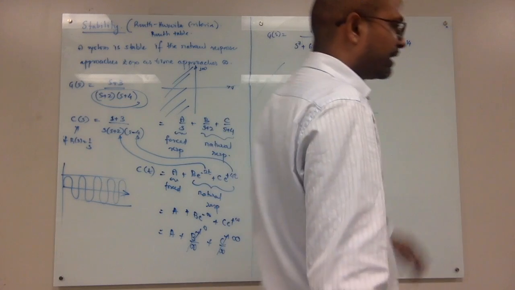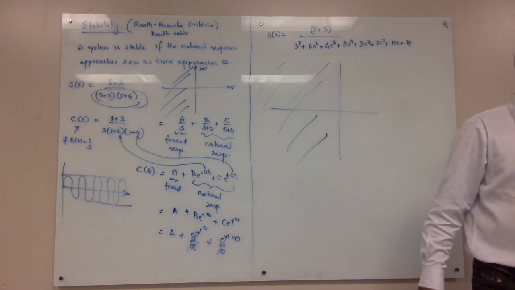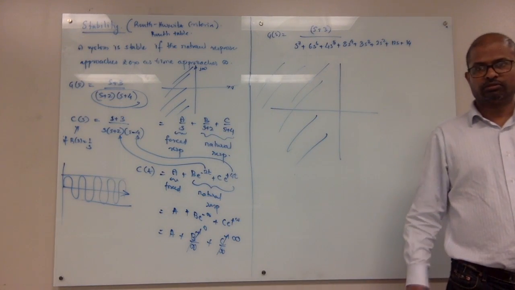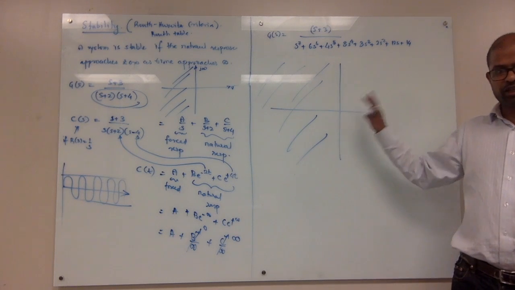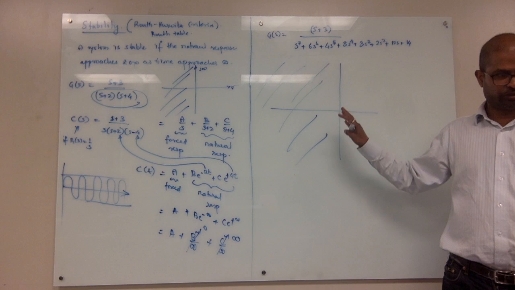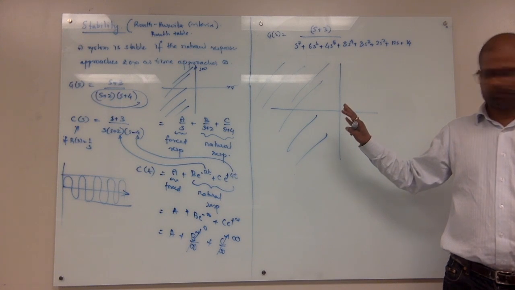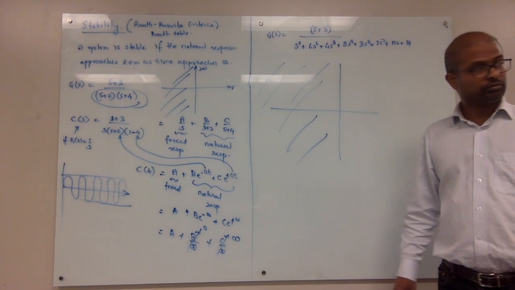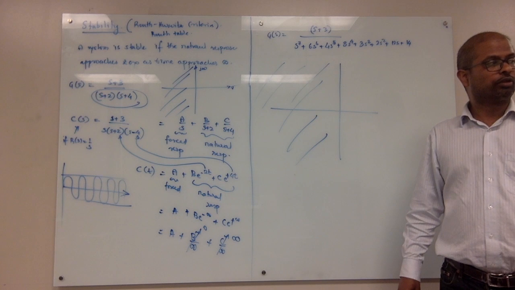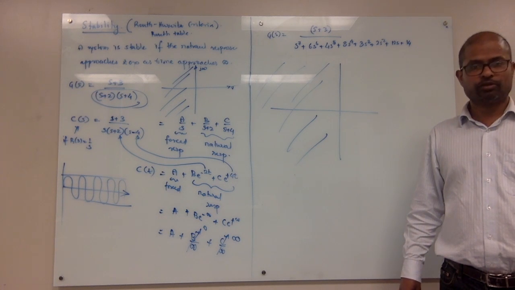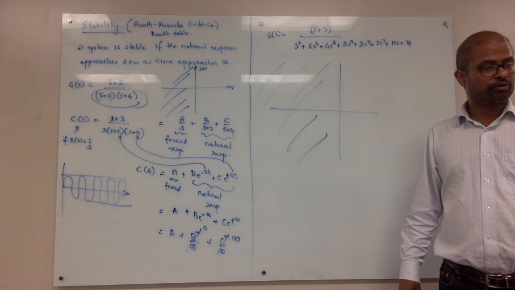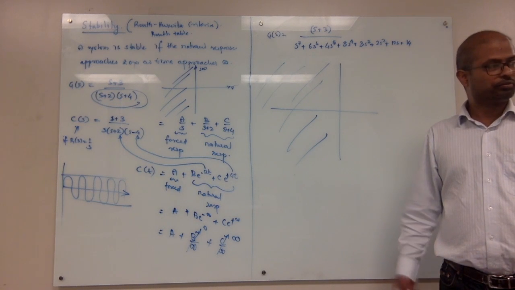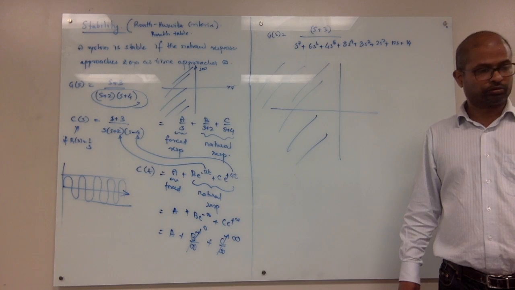If they are on the right-hand side, the system is unstable. Then we don't talk about controls. I need you to understand this going forward. We won't be doing the Routh table in class. I have assigned you videos. You can check the videos and learn it for yourself if you want to.